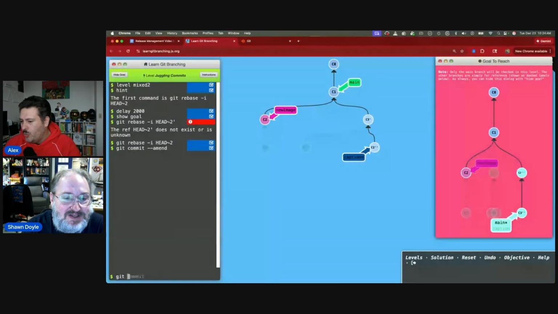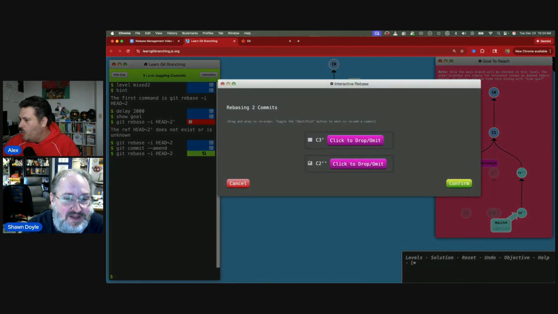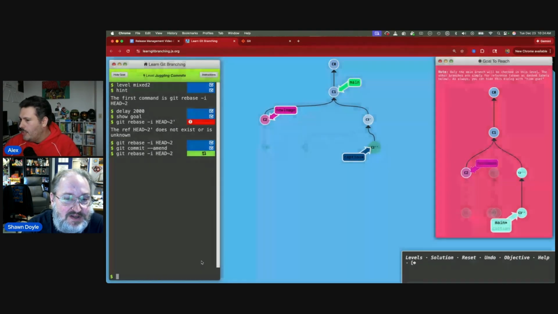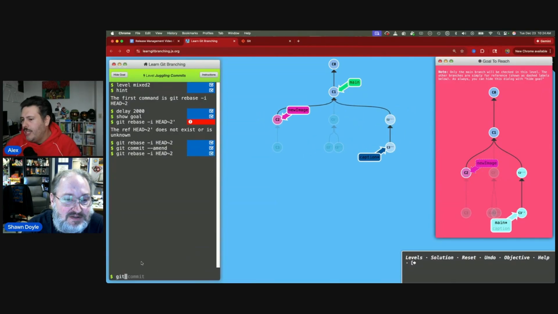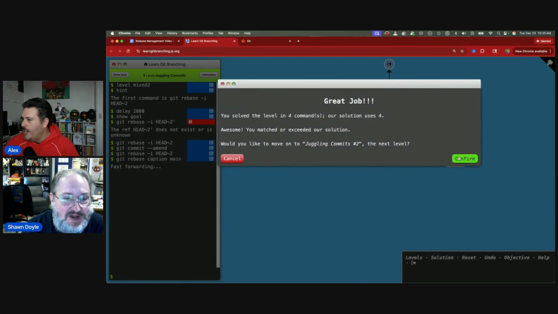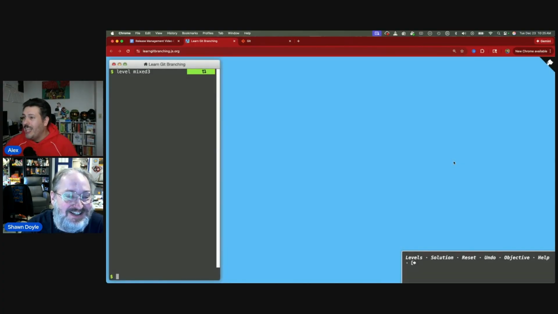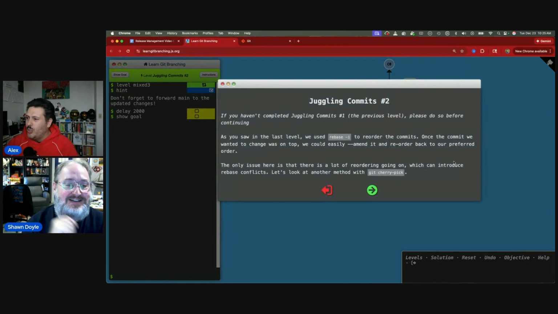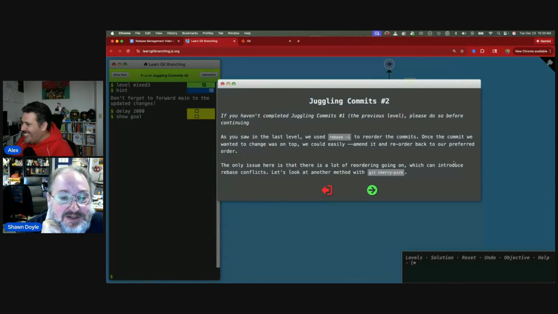Then we're going to do git rebase -i HEAD~2, and then reorder these again. And then we're going to do git rebase caption main. That brings main up to it. Yay. All right, let's go to number 4 or the next lesson. Yeah. Juggling part 2. If you haven't completed juggling part 1, please do so. Okay, we did it.